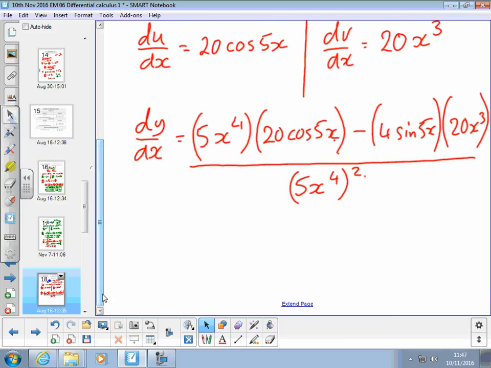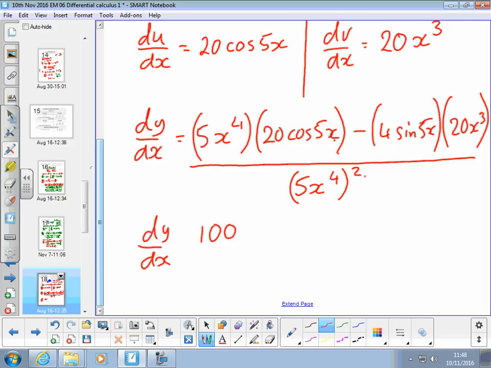So how can we simplify the top line? What can we do multiplying these two out? Hang on, don't do any more yet.